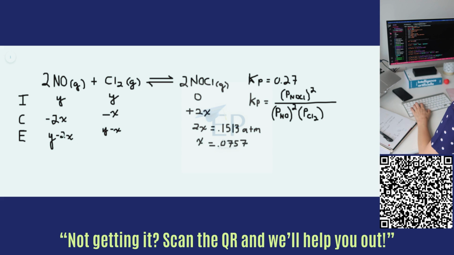We can plug this x back into these two expressions just to get everything in terms of y. So y minus 0.1513 and y minus 0.0757.